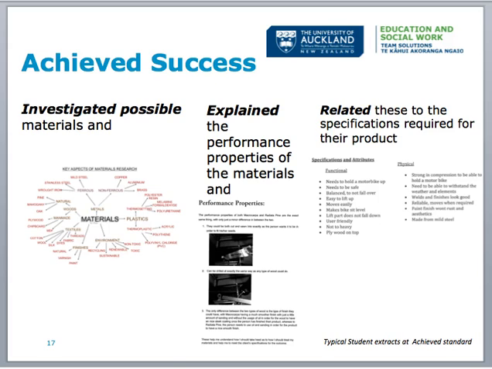A simple mind map by itself is too generalized and needs to be refined so that research is relevant. Performance properties of identified materials need to be explained, and these properties related to the specification required for the product. These snapshots are intended to give an indication of the standard and types of evidence required. The depth and detail of the specific exemplars is available from the NZQA website.